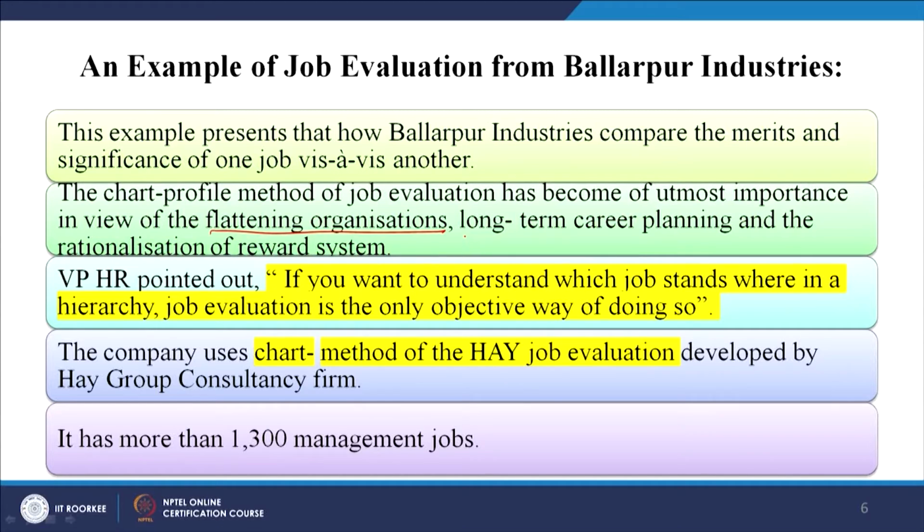But when we talk about this particular job evaluation process, especially in these industries, they have talked about long term career planning to be made. Even in the current situation, whenever the HR department has to plan, they keep in mind that employee turnover in the young generation is very high, and sticking to one organization may not be very long as compared to the earlier days, where employees worked for a long period of time.